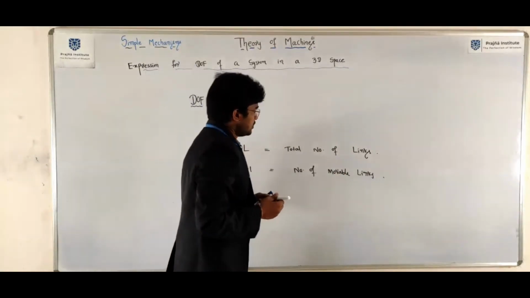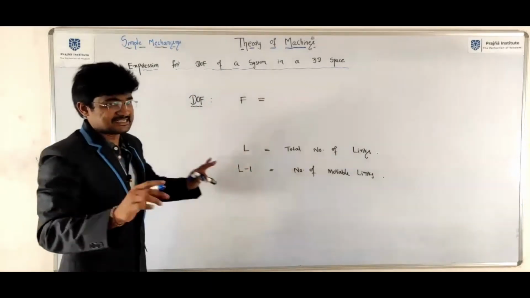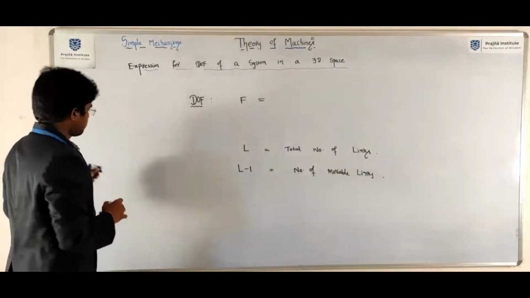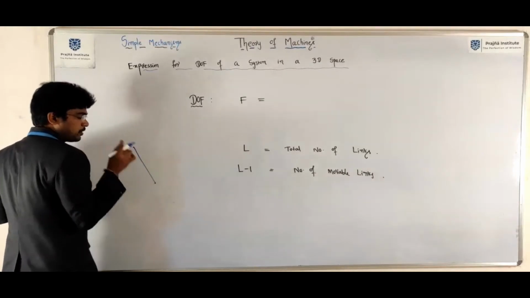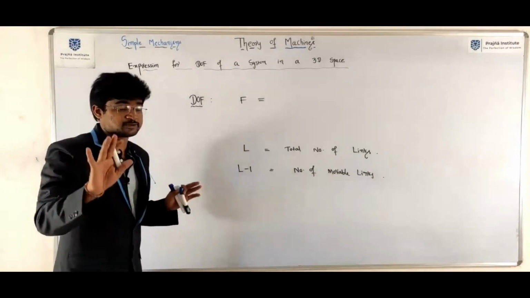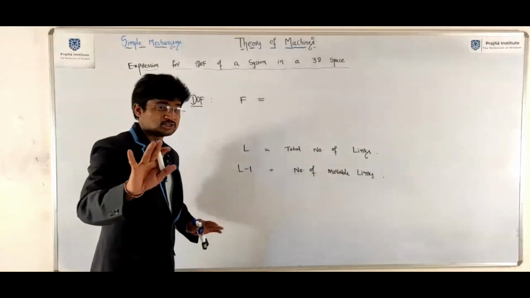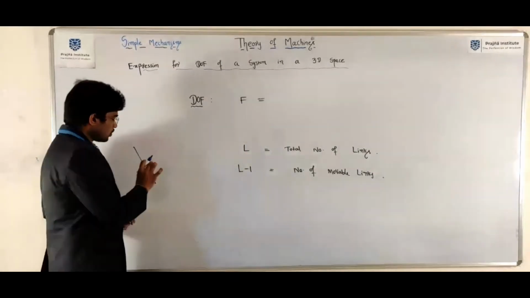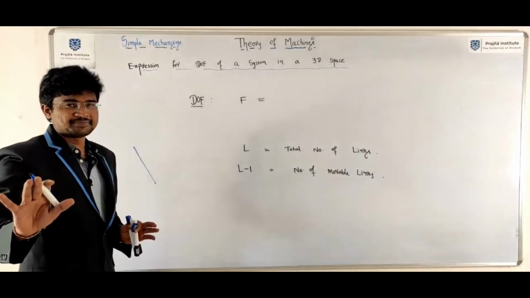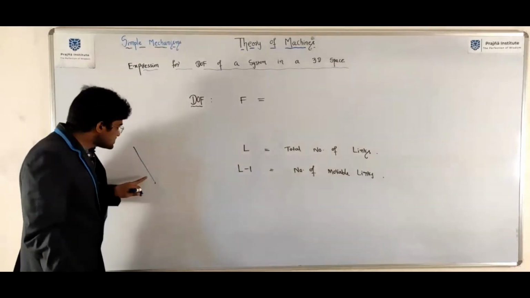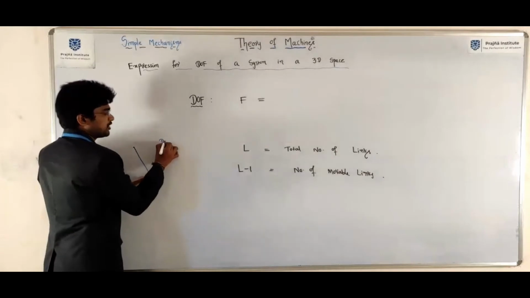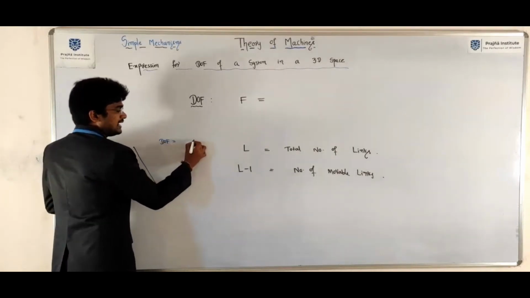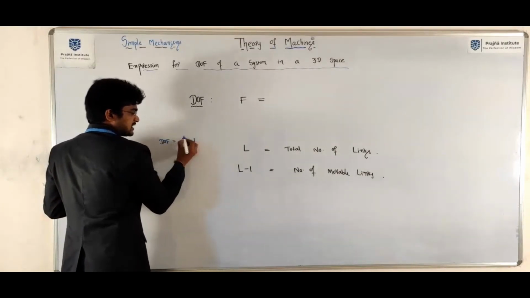Here, total number of links means, for example, only one link present in the 3D space. Observe it. Don't memorize it. You should know how it came. Only one link present in the 3D space. What is the degree of freedom of one link? Tell me. Degree of freedom of one link is nothing but 6.